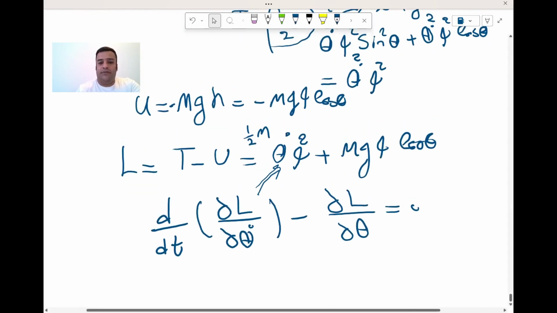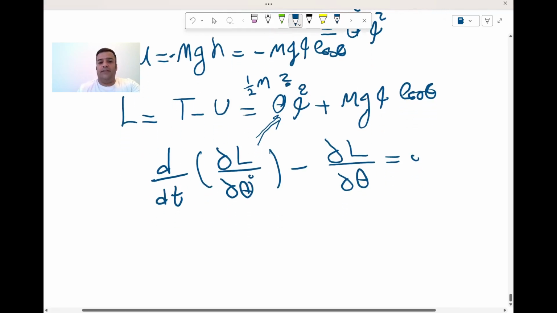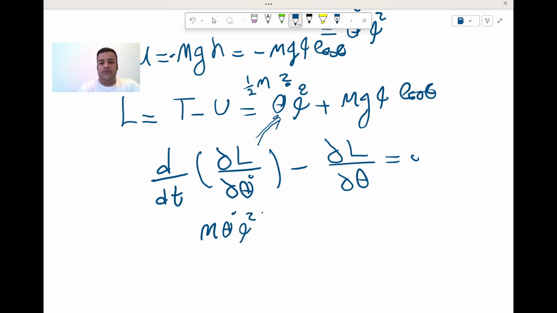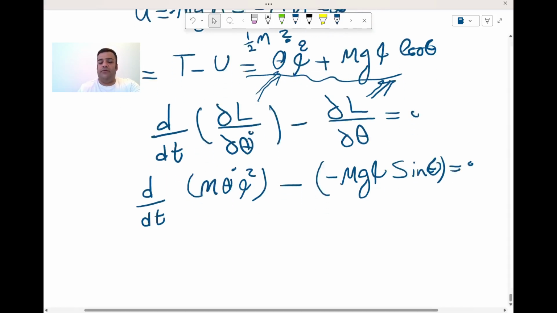And after that, if I calculate the derivative of theta dot squared, the 2 and the one half cancel each other, and it is m theta dot L squared, and after that d by dt, minus, and right now we must calculate the derivative with respect to theta, which is minus mgL minus sine theta, yes, equal to 0.